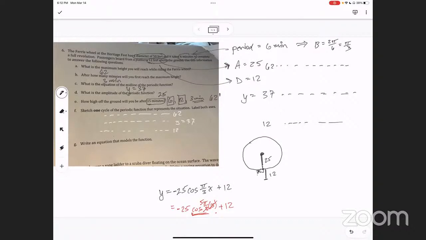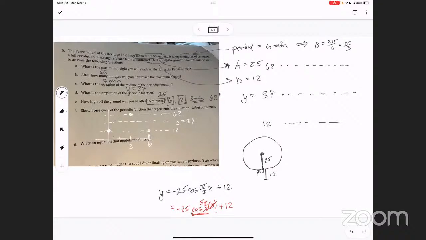That's all correct. Your height at 0, like this 0 right here, is going to be there. And your height at 6 is going to be there. And your height at 3 is going to be there.